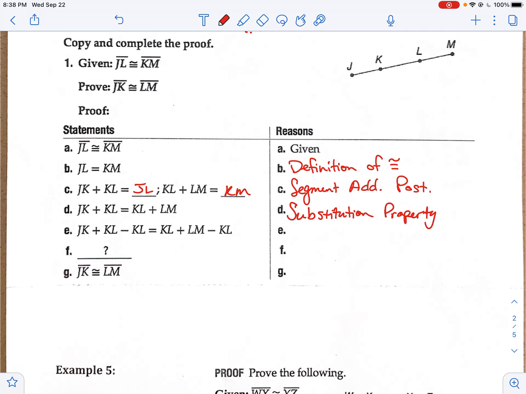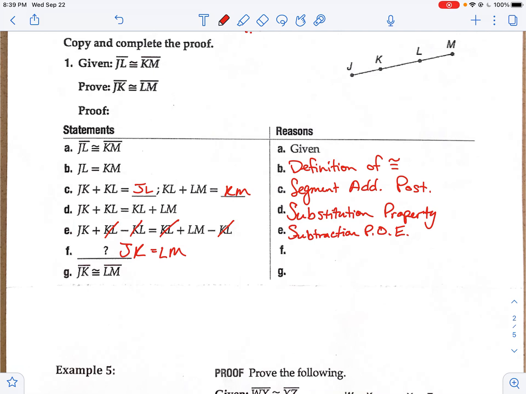So E should have been, you notice they just threw in this minus KL on both sides. Should have been subtraction property of equality. And then you should get JK plus, ooh, actually no, that's not right. JK equals LM, because these cancel or reduce to 0, and these reduce to 0.